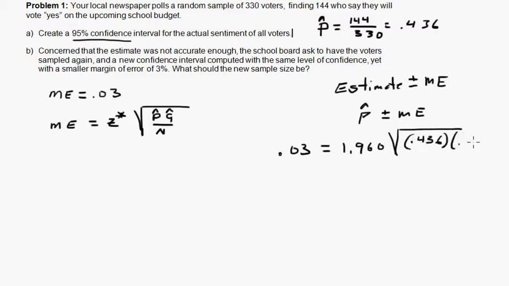So I think this is 0.564, and that's all divided by n.